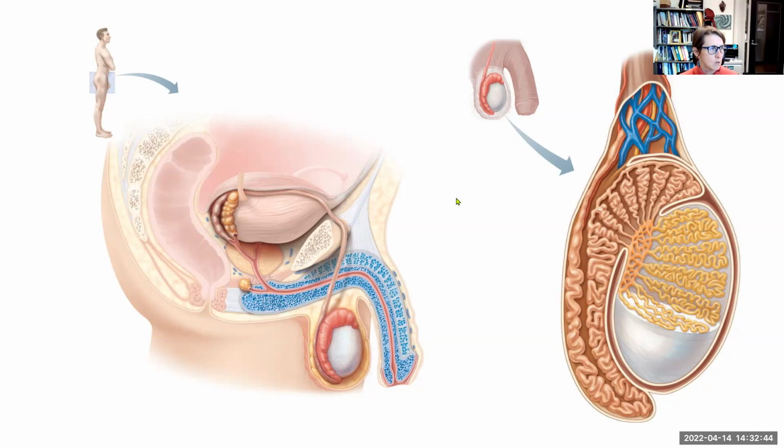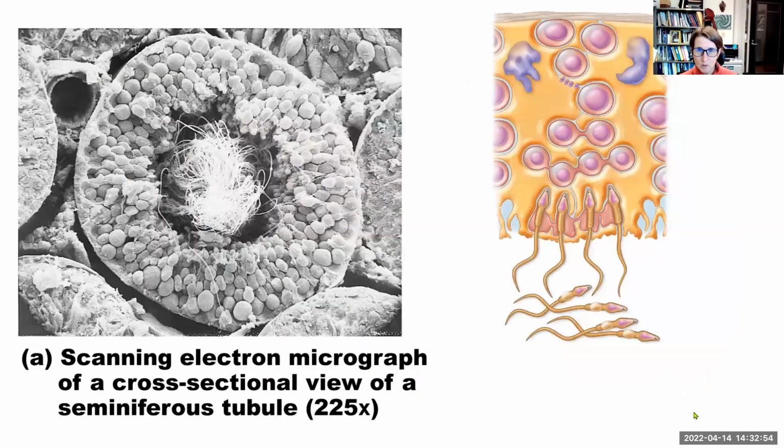Okay, so here we are inside of the testicle, which is full of tubes. Those tubes are called seminiferous tubules. Here's an electron micrograph. You can see the tails of the sperm, which is to show you that these tubes have stem cells towards the outside of the tube. As those stem cells divide through meiosis, they're pushed forward into the center of the tube.